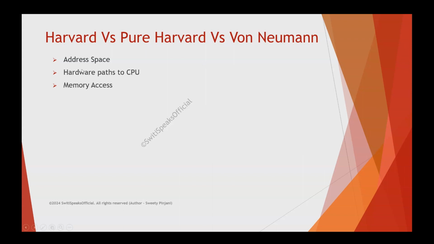This is how the memory accesses were different. I hope with this you are now able to understand all different types of architecture based on the instruction and data memory. It was von Neumann, pure Harvard, and modified Harvard.